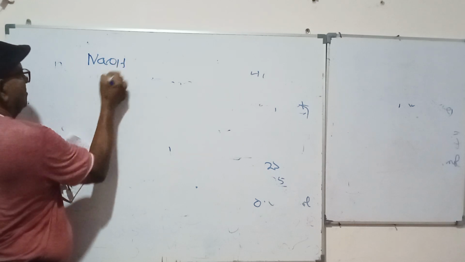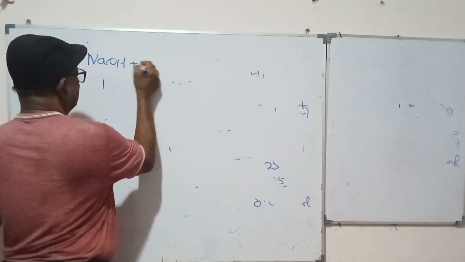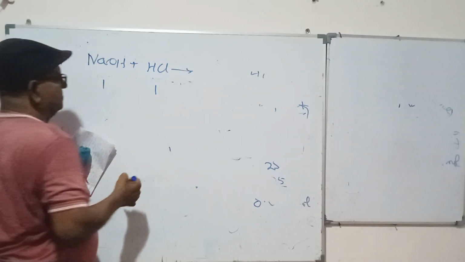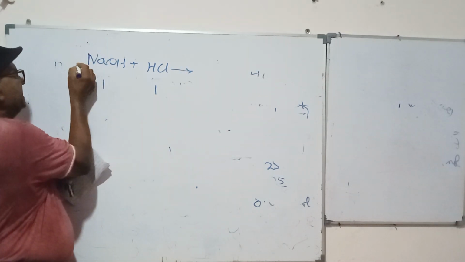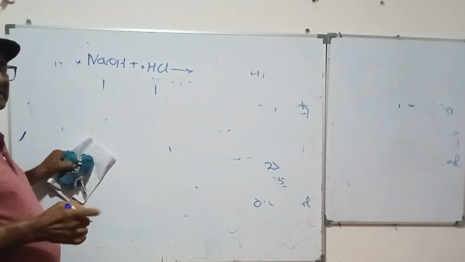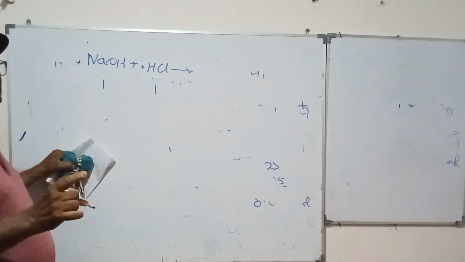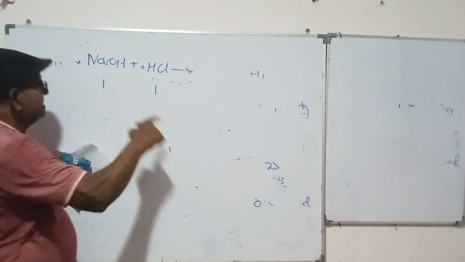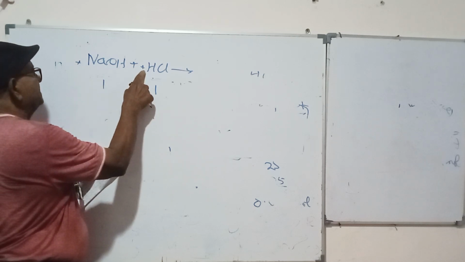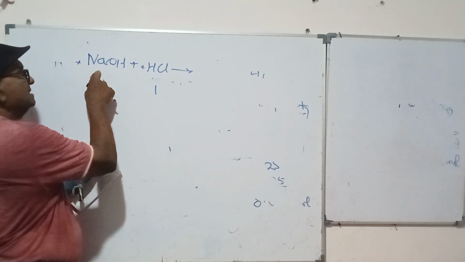NaOH 1 mole, HCl 1 mole. Then we are unable to change that number of moles here. It should be 1:1. Then we must write the equation without changing the number of moles of HCl and NaOH.